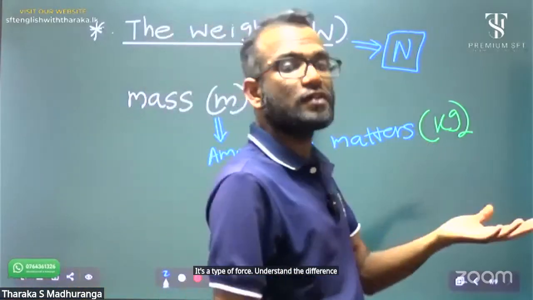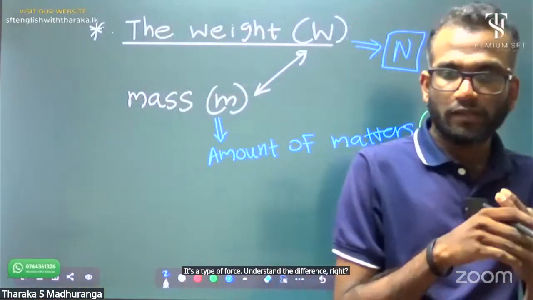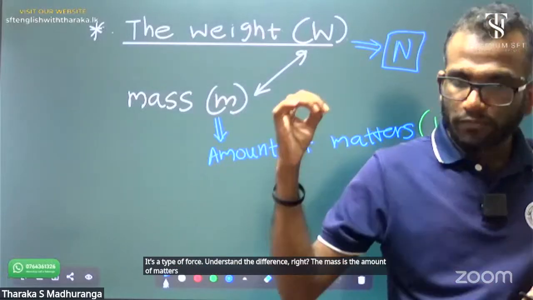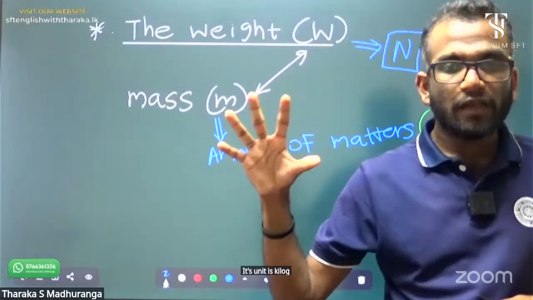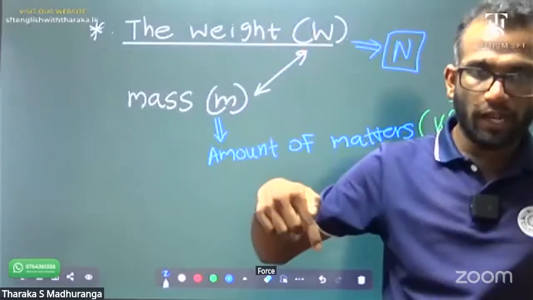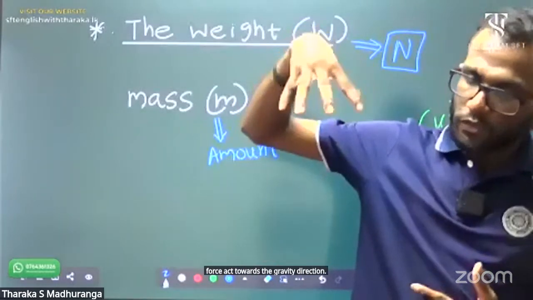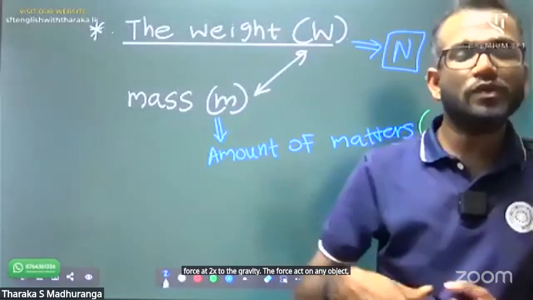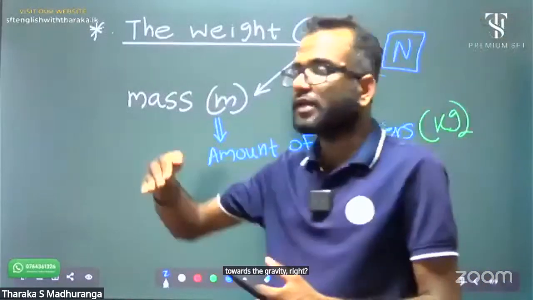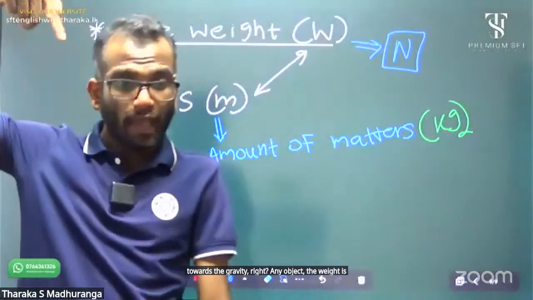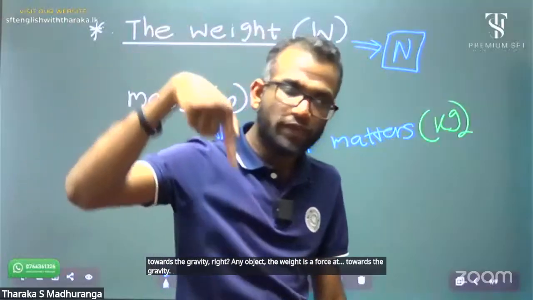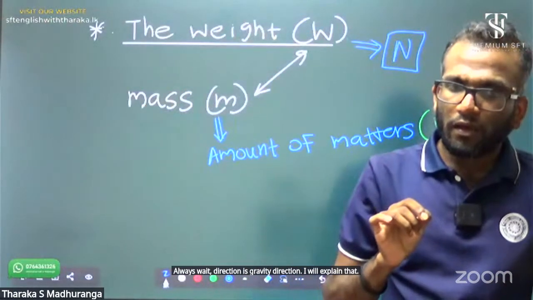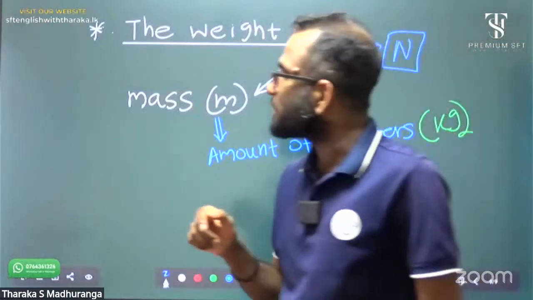Mass is the amount of matter, its unit is kilogram, and weight is a force acting towards gravity on any object. Weight direction is always the gravity direction. I will explain that.